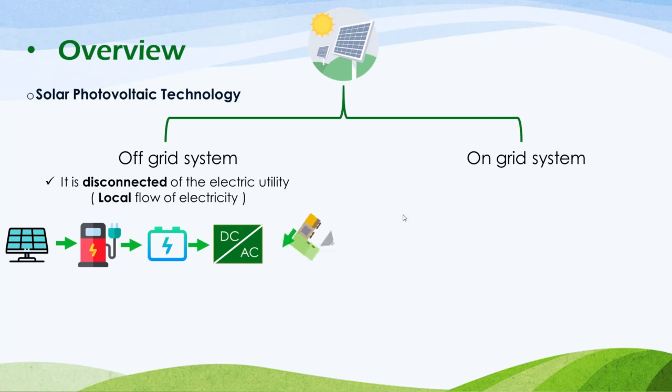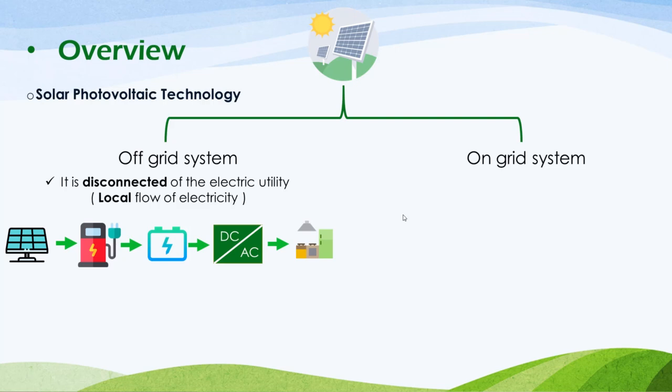And finally, this electricity is ready to be used in our photovoltaic solar system, and for this reason it's off-grid, as you see, because it's not connected to the main electric power supply or the main utility. So the flow of electrical energy is local, only to supply your devices.